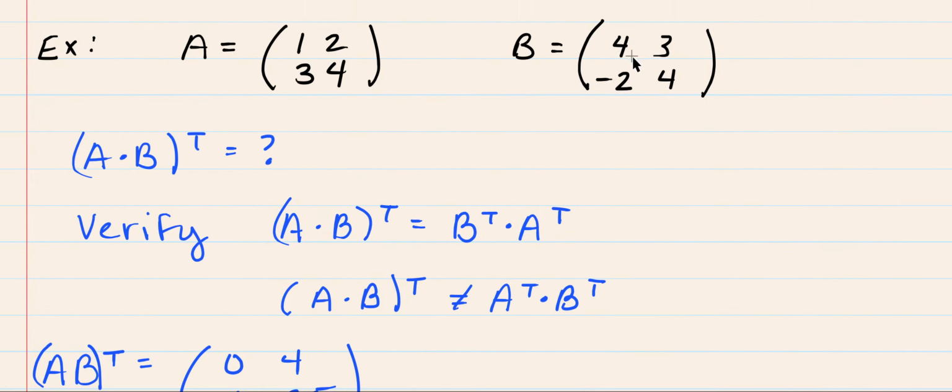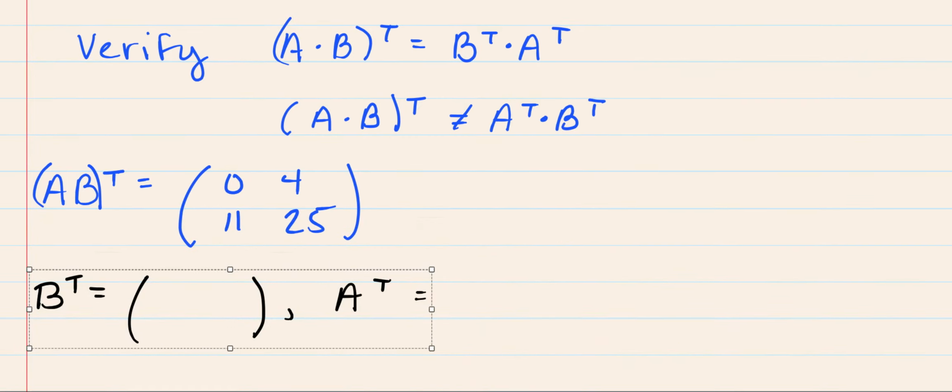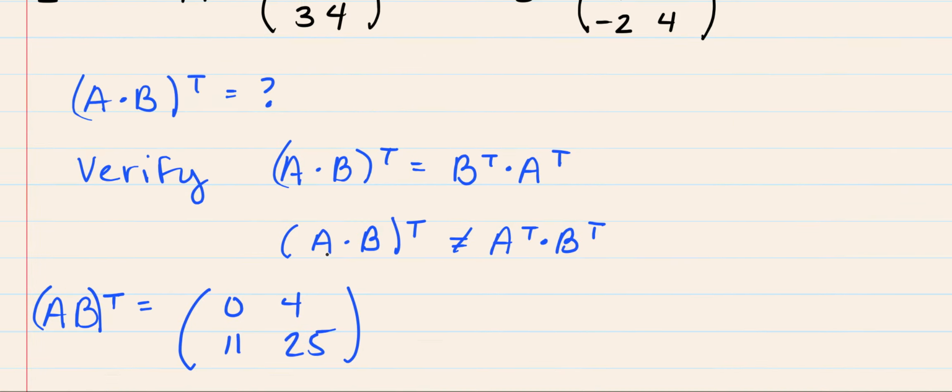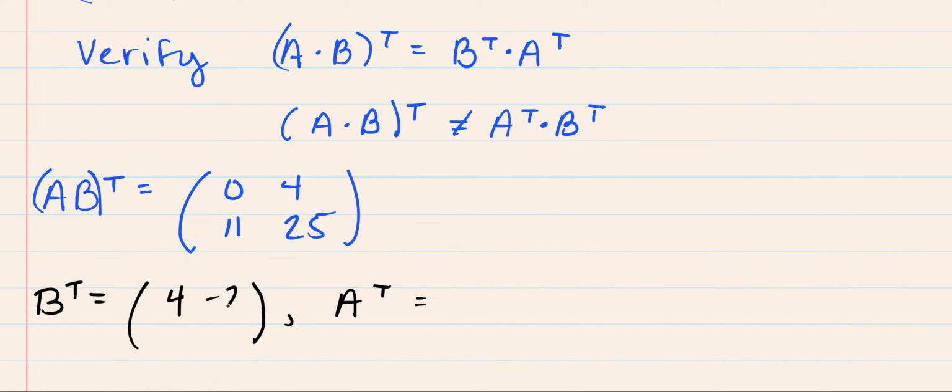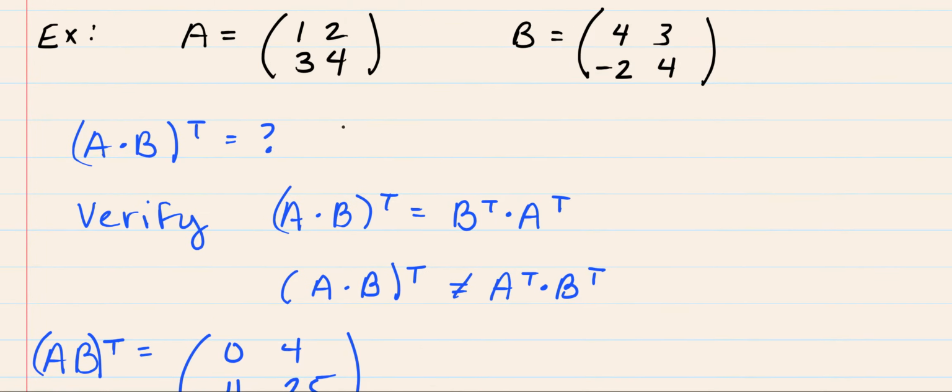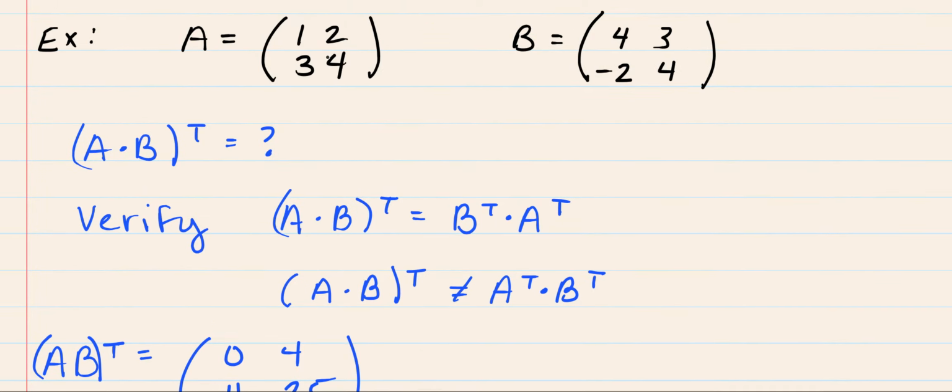Okay, so B was 4, 3, negative 2, 4. Taking the transpose of that, we should get 4, negative 2, 3, 4. So let's write that down: 4, negative 2, 3, 4. And now let's take A and find the transpose. So we should have 1, 3, 2, 4.